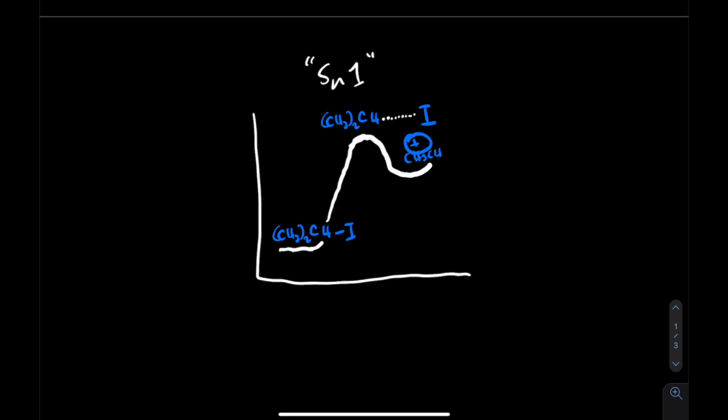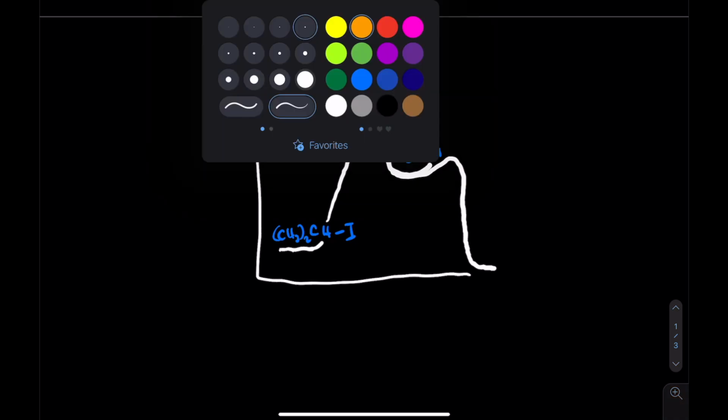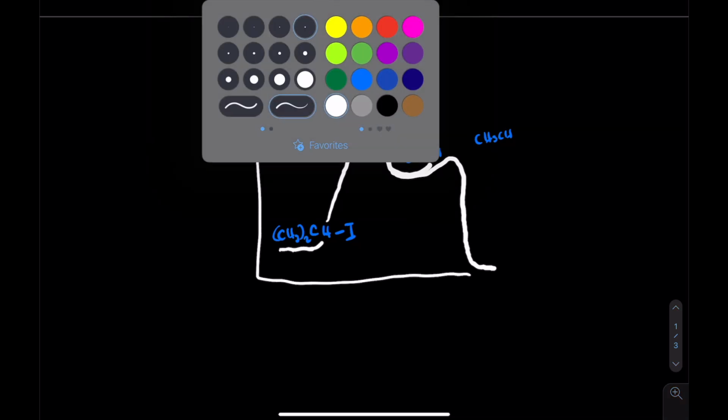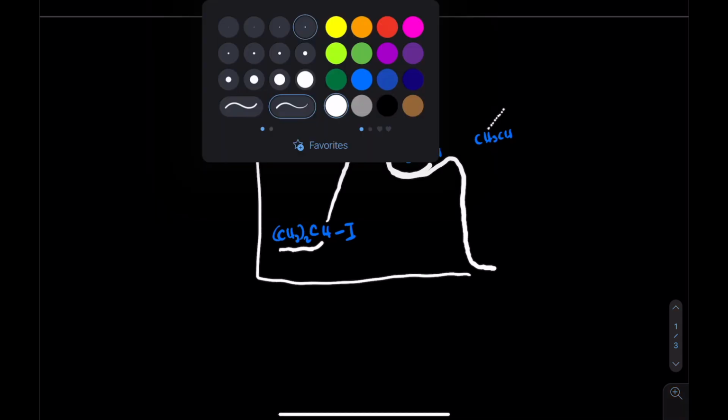And the second step of the reaction is actually very fast. As I said, it was very fast. There's hardly any energy necessary to go into it at all. And that is the attack by the nucleophile. All right, and so what we end up drawing here as our second intermediate is this, except instead of a plus charge, what we're going to draw is this carbocation now forming a bond to our nucleophile.